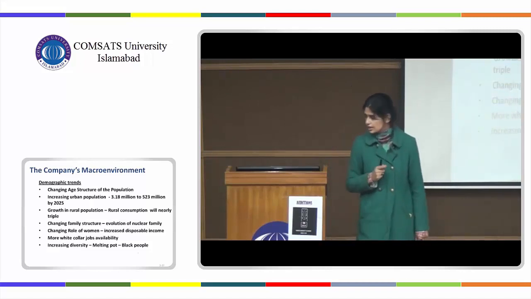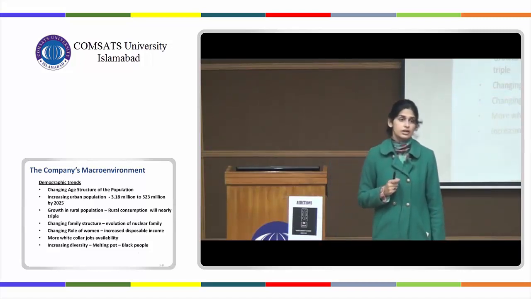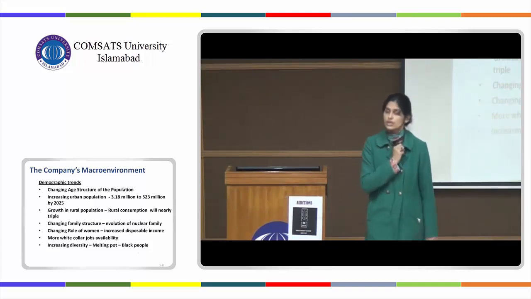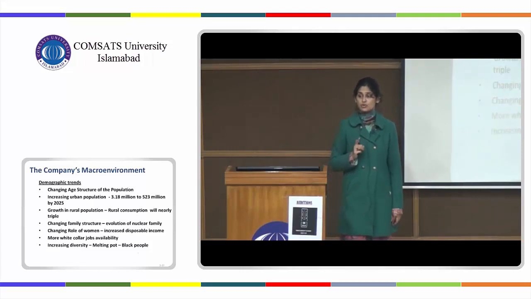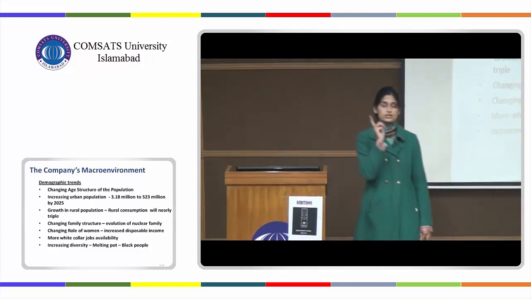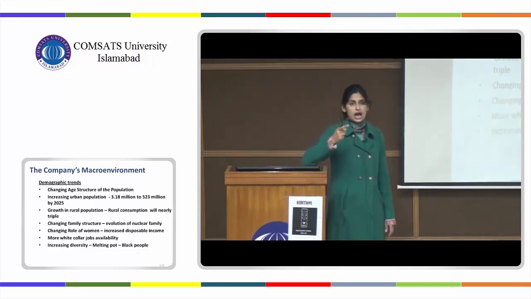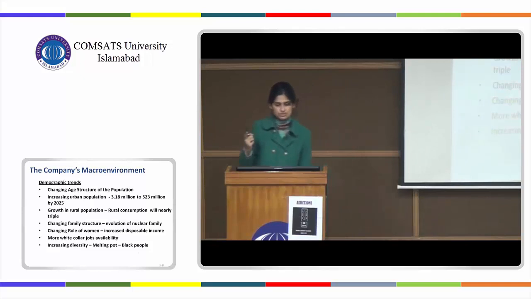According to a study, by 2025, the number of people who would move from rural to urban areas in India would go from 3.18 million to 523 million. That's a huge change, right? From 3.18 million to 523 million, it is a gigantic change. This is how you want to study how markets are changing.